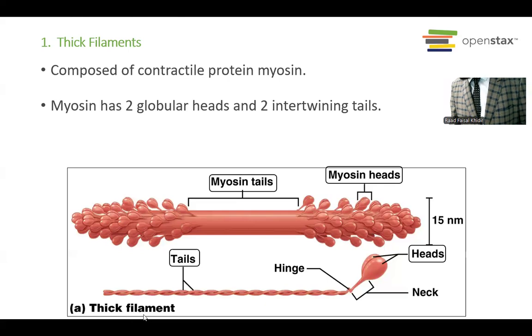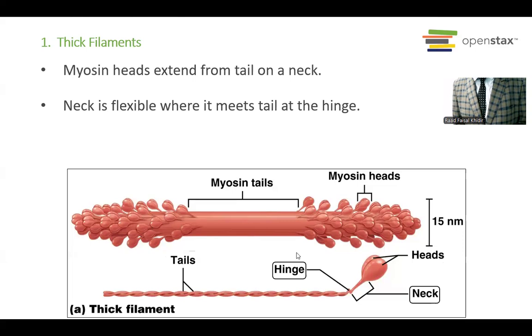What is that, guys? That is the thick filament because it has your myosin heads and the intertwined tails. And this is the neck. So you have the two golf heads, the neck, and the two intertwined tails.